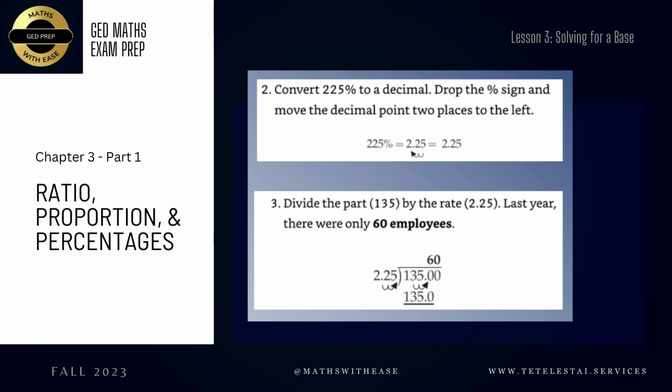Well, you know that it'll be a sizable number, right? But that number shouldn't be greater than 135, because you're dividing by a quantity that's greater than 1.